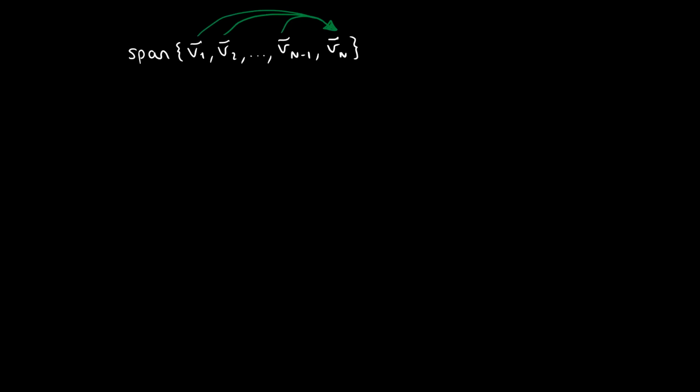And then vn does not provide any additional degree of freedom to the span. The span is the same with or without vn. Any location that can be reached by adding multiples of this vector vn could have been reached anyway with linear combinations of the others.